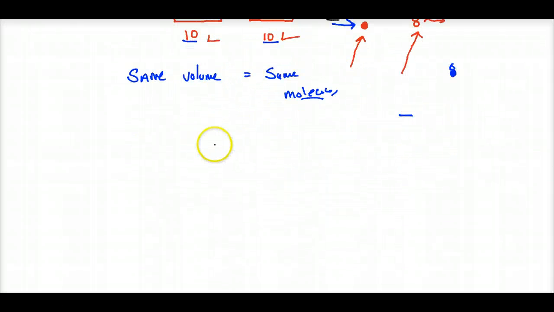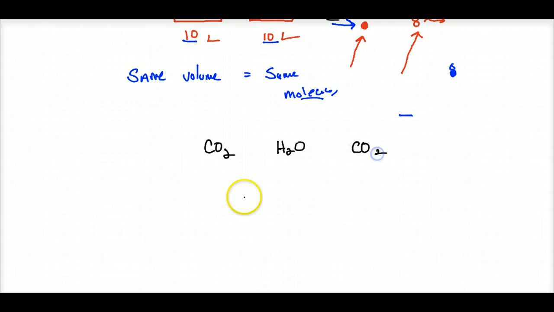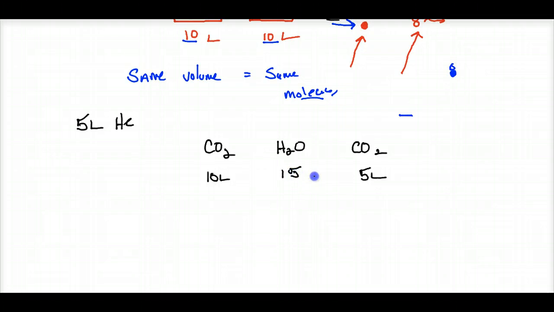For instance, if I have CO2, and I have water vapor, gas, and I have, let's say, carbon monoxide, if I said, hey, which of the following compounds has the same number of molecules as 5 liters of helium, you would pick the other one that is 5 liters. Other choices could be 10 liters, other choices could be 15 liters.